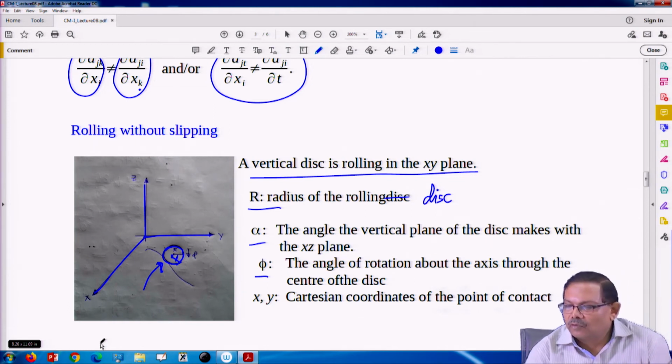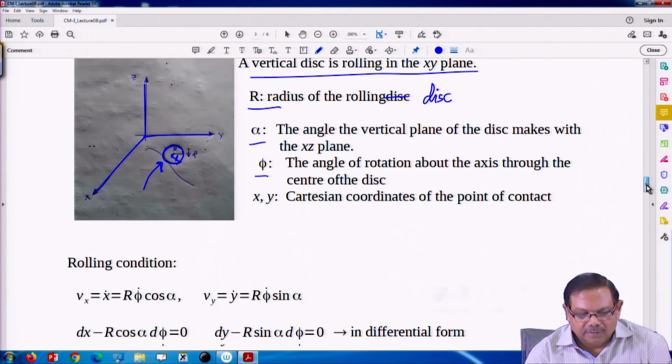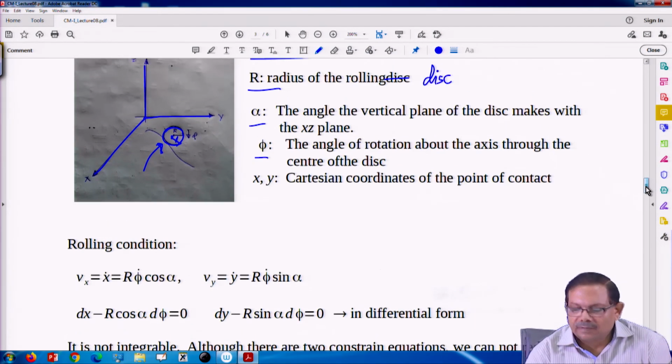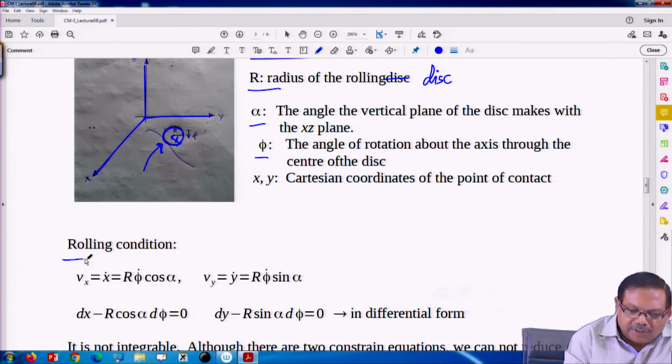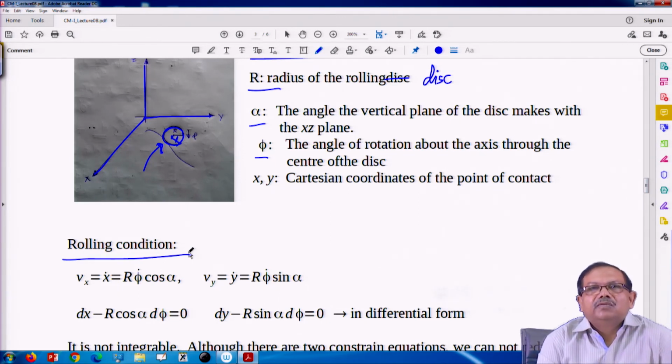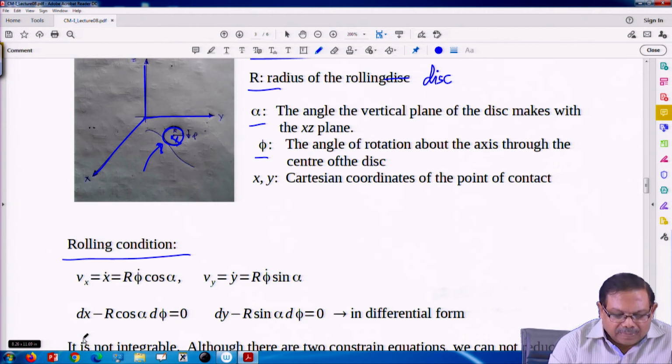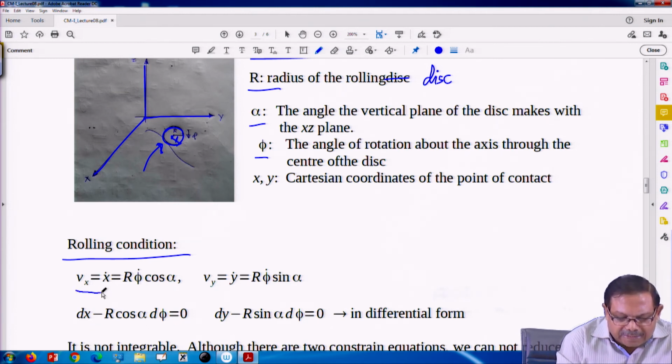So, there are 4 coordinates which are required, and what is the constraint, what is the rolling condition? If it does not have to slip, its x velocity must be r omega cos alpha.